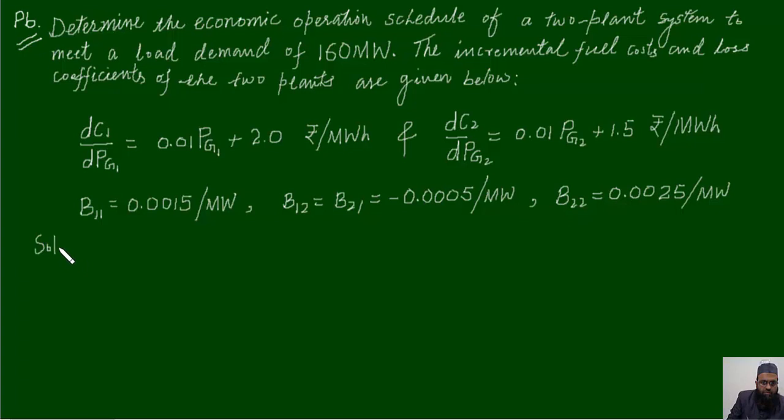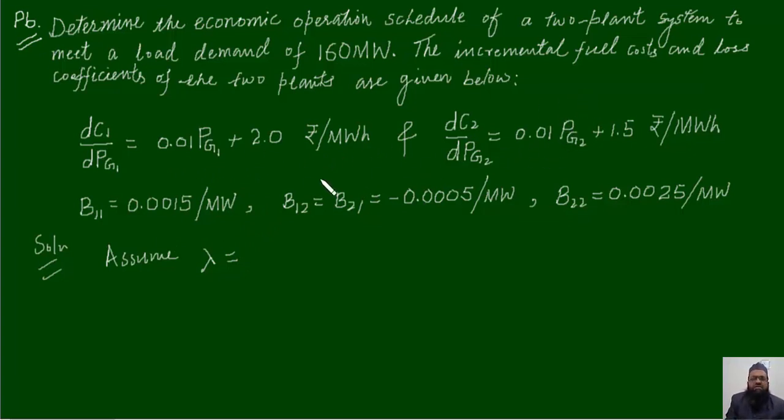So what are the steps? Step number 1, first assume a suitable value of lambda. It has been discussed that lambda must be greater than the largest intercept of the incremental cost of the plants.